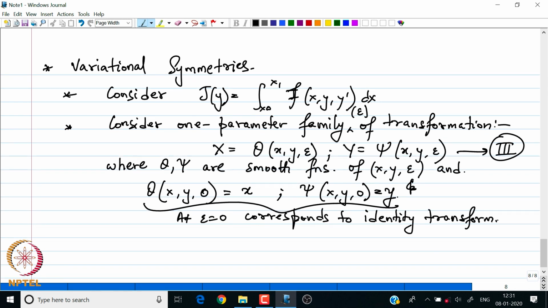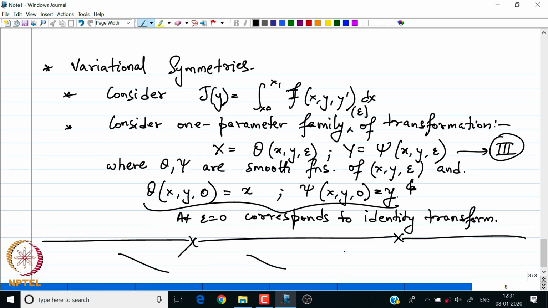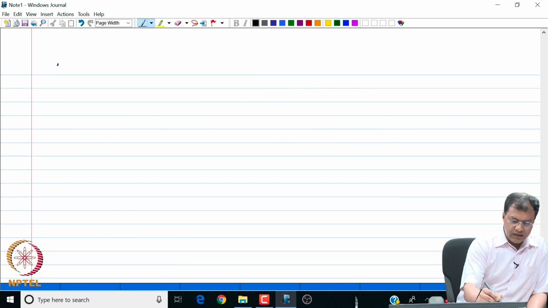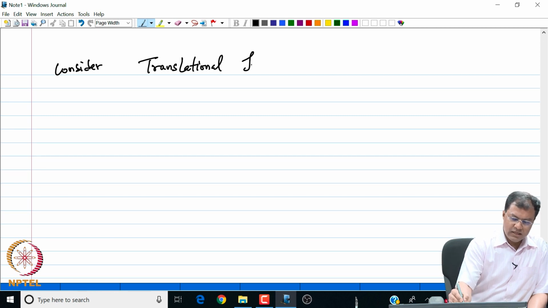So, let us look at a few transformations and let us see how the functional behaves under those particular sets of transformations. Okay. So, consider the translational transformations.